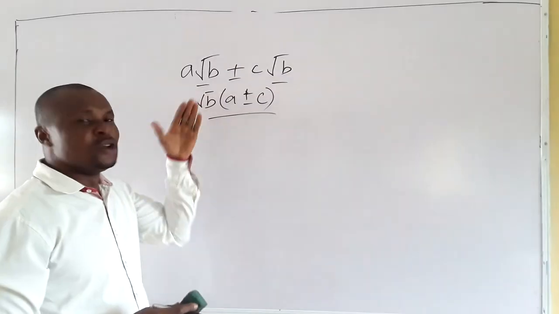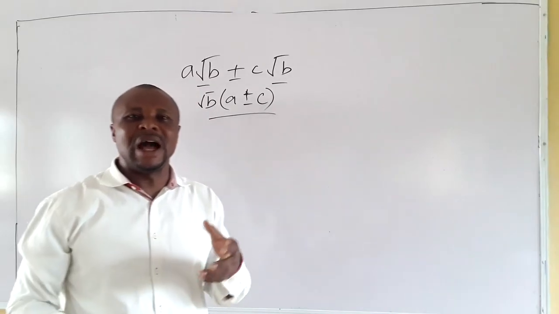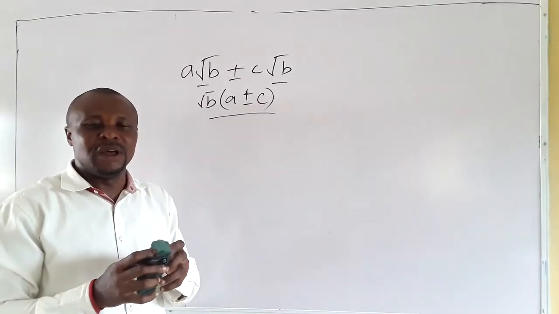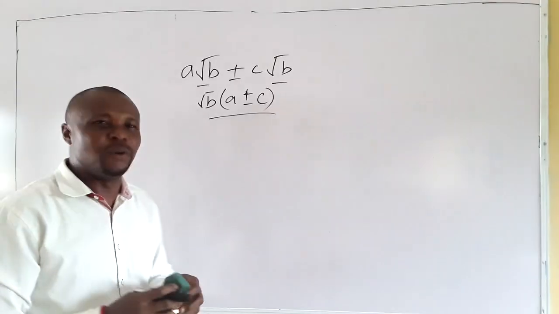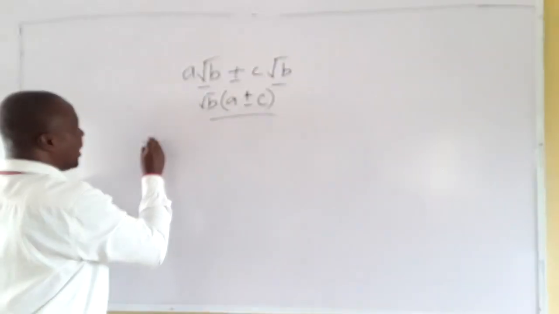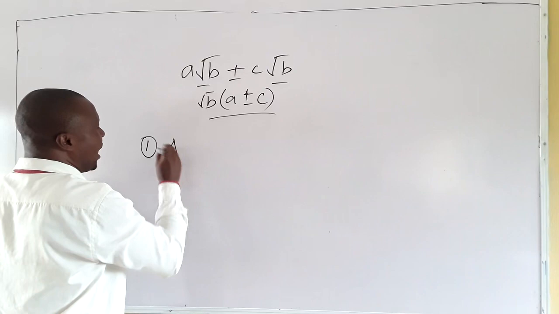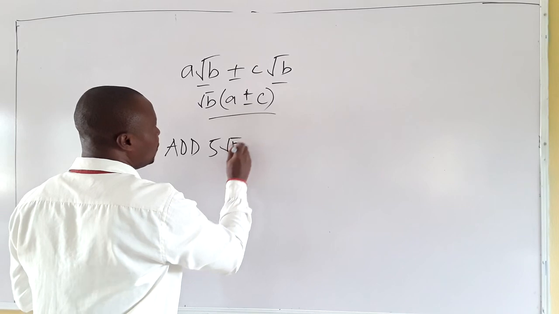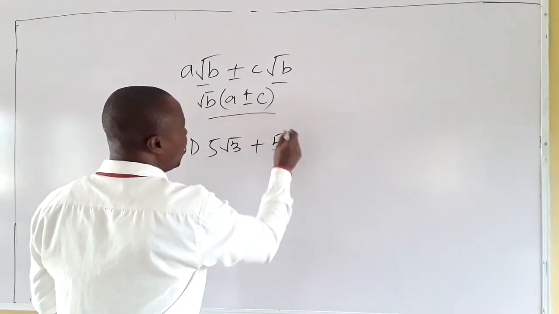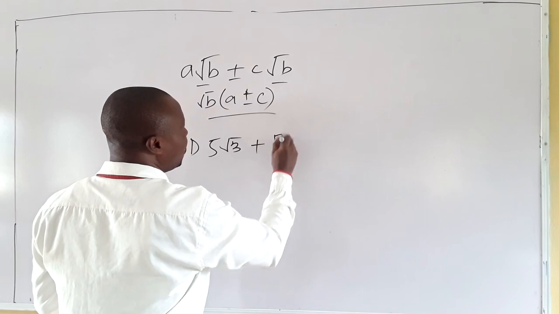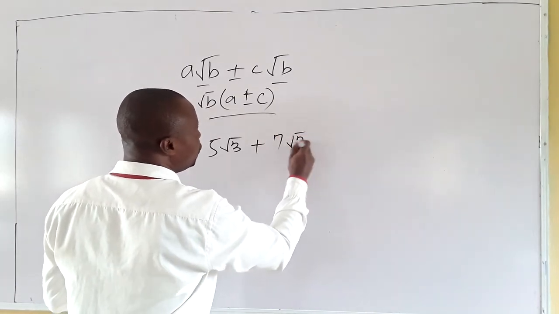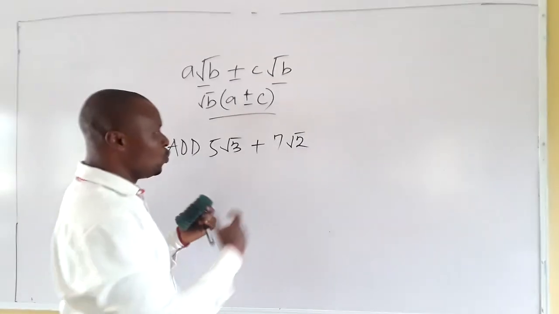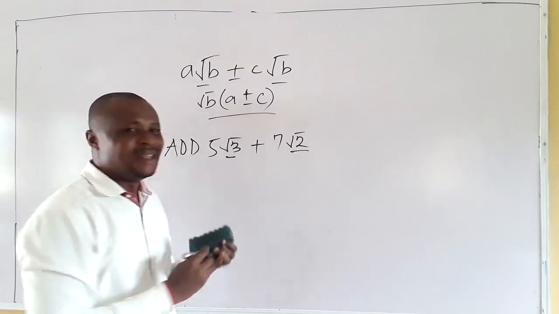Now, what does this mean? Surds can be added when they are of the same value. Two surds can be added if they are of the same value, and they can also be subtracted if they are the same value. Now let us see an example. If you are asked to add 5 root 3 plus 7 root 2, you can see that the surds are not the same.